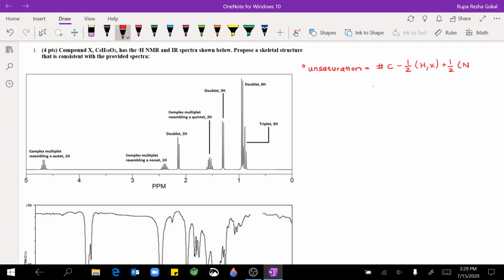That's nitrogen and phosphorus, but I'm not going to have any phosphorus in any of these NMRs.